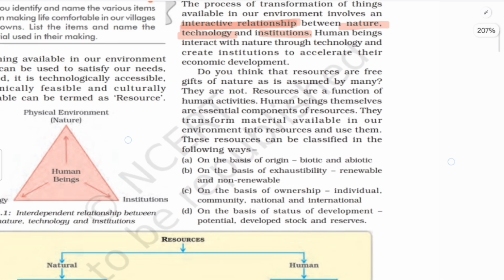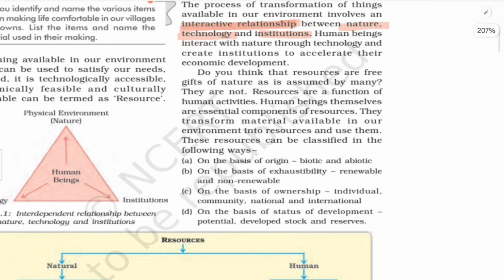When you think that resources are a free gift of nature, the possibility of overuse increases, which results in misuse of that resource and can create tremendous problems for future generations. It may be unavailable in the future generation also. Are you getting the points?